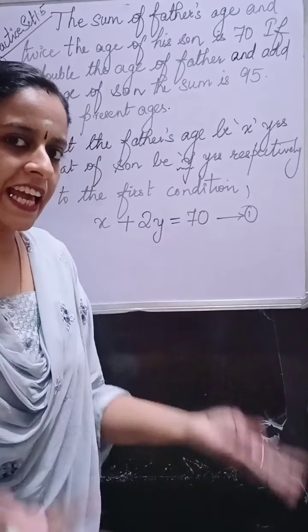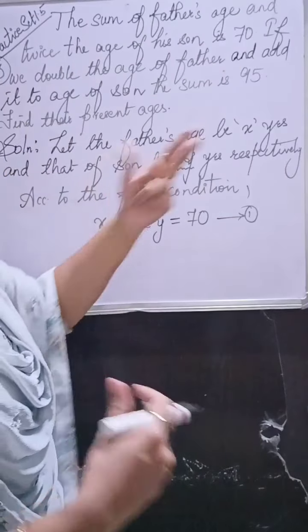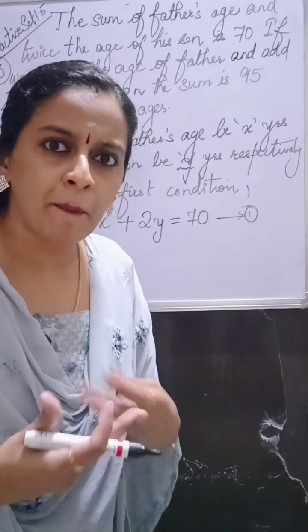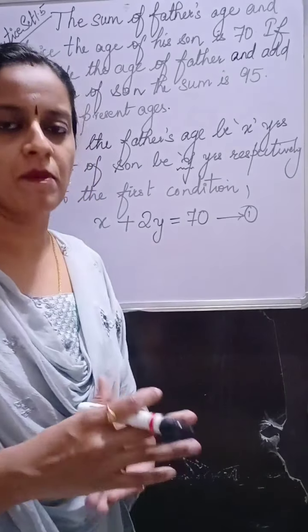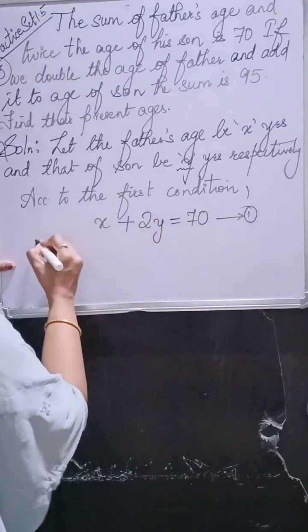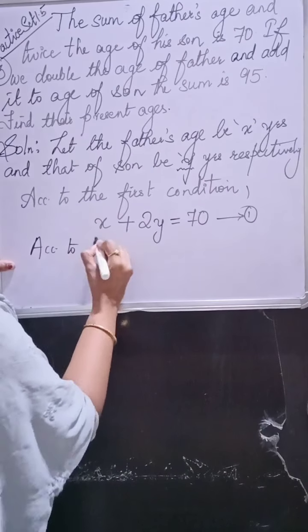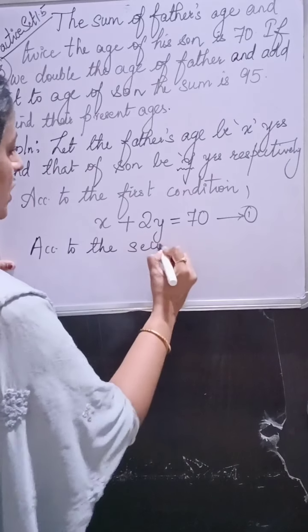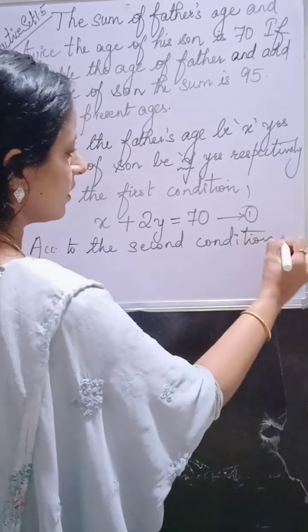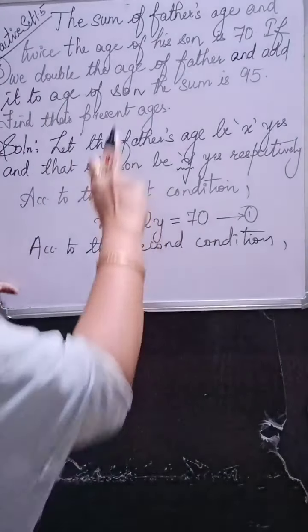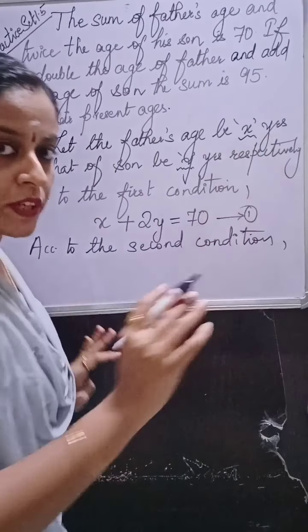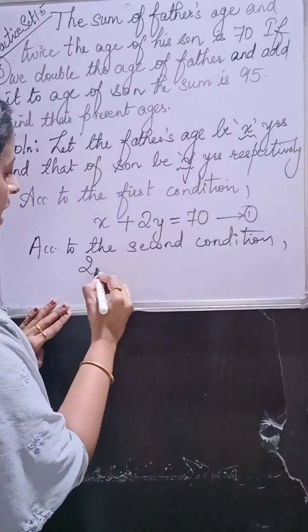Now we will get the second condition. If we double the age of father and add it to the age of son. Double means nothing but twice, that is 2 times. Double means multiplying by 2. So according to the second condition, if we double the age of father, father's age is x, so double the age of father means 2x.